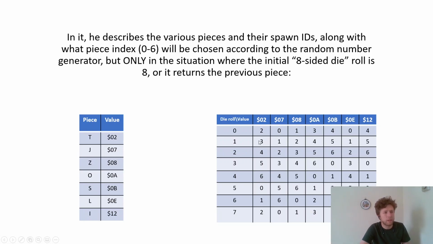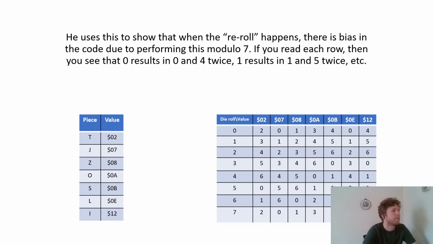So it can be a little confusing because we actually have it now that the value 0 represents a T piece, 1 represents a J, 2 represents a Z, and so on. You don't need to know it too well.